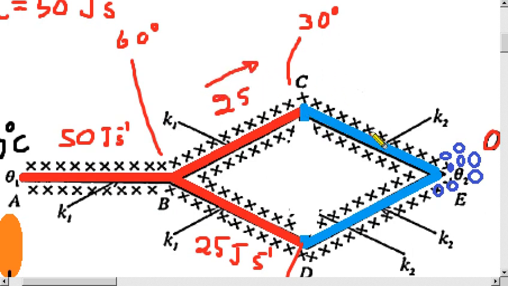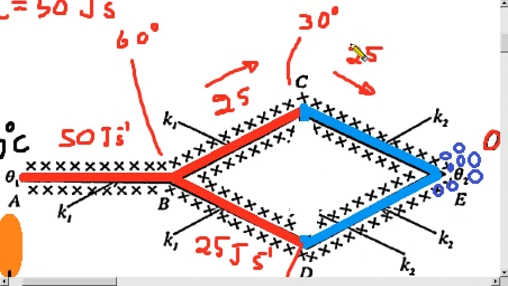So what I was saying, the incoming rate to this junction is 25. So now only one way out, so this line must conduct 25 joules per second. I don't write that all the times because there's not enough room here, so I just write 25. Incoming rate is 25, so outgoing rate must be 25 because otherwise this temperature would change, meaning increase or decrease, as I explained earlier.